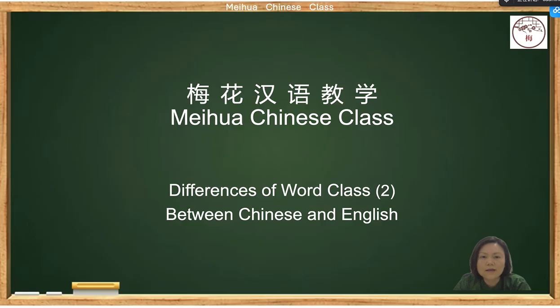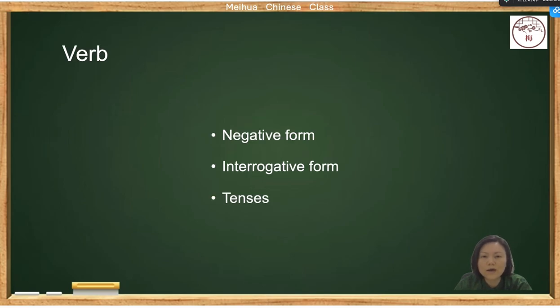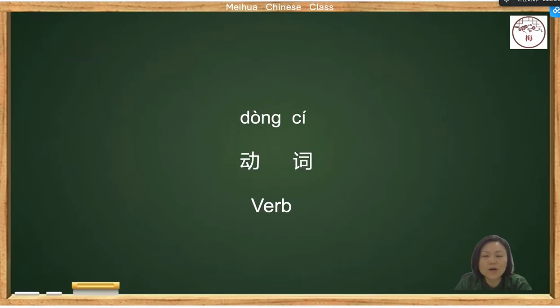Okay, so today we are going to learn a very important difference between Chinese and English, which is about verb. Verb, 动词, 动词. As we know, verb is like the soul of a sentence, right?